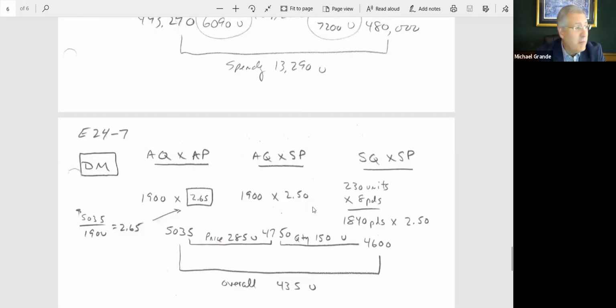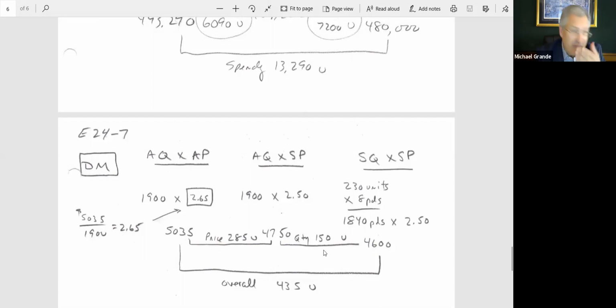Another way to get that number, because it's a price variance, a comparison between what they should have paid per pound and what they actually paid per pound. They should have paid $2.50 per pound. They actually paid $2.65 per pound. They paid 15 cents per pound more than the standard, hence unfavorable. 15 cents times 1,900 bucks, $285 unfavorable variance.